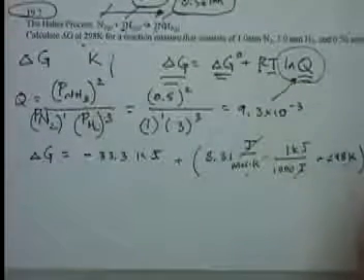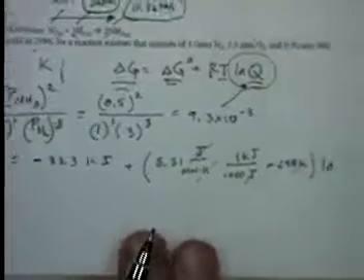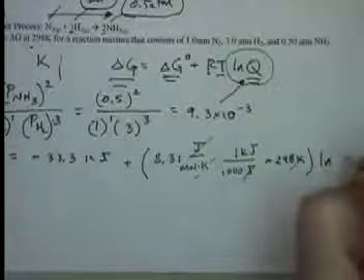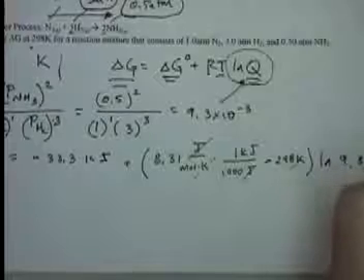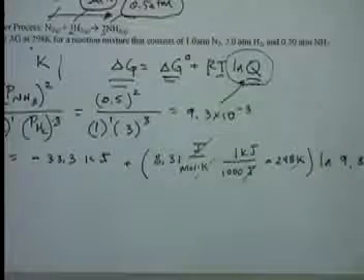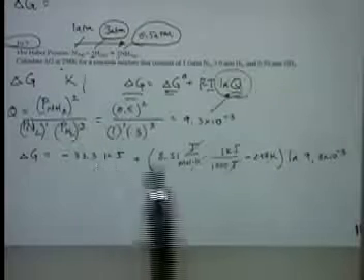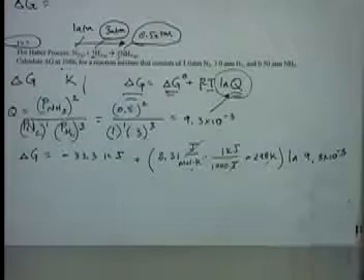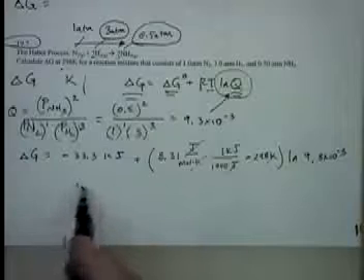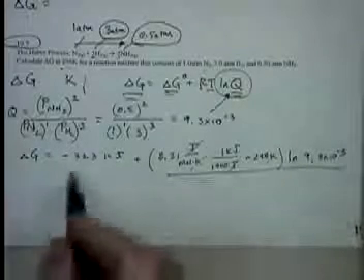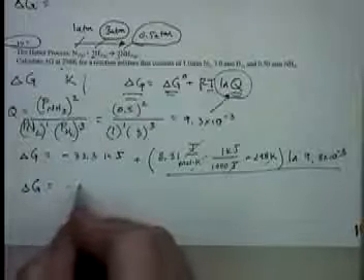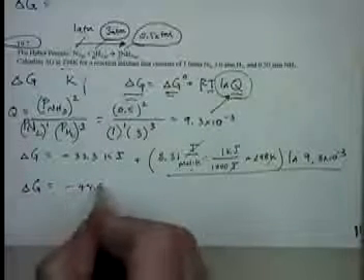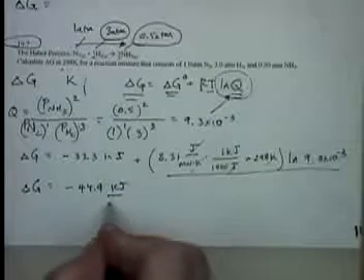And then we multiply that times the natural log of Q. So I put ln, and Q is 9.3 times 10 to the negative third. So if I zoom out just a little bit, you'll be able to see the entire equation. If I put this into my calculator, calculate this part first, and then add it to the negative 33.3, we find out that we end up with negative 44.9 kilojoules per mole.